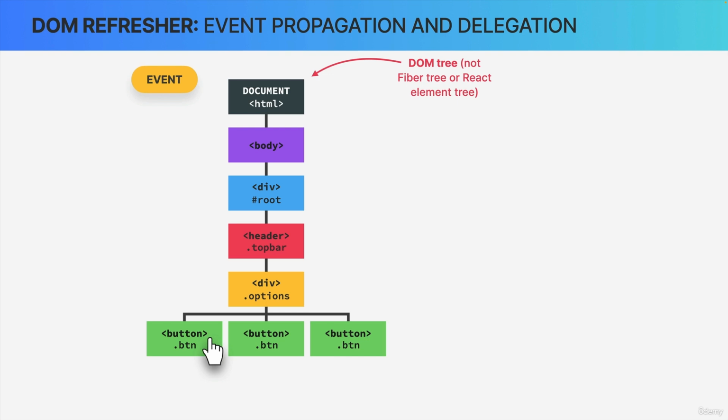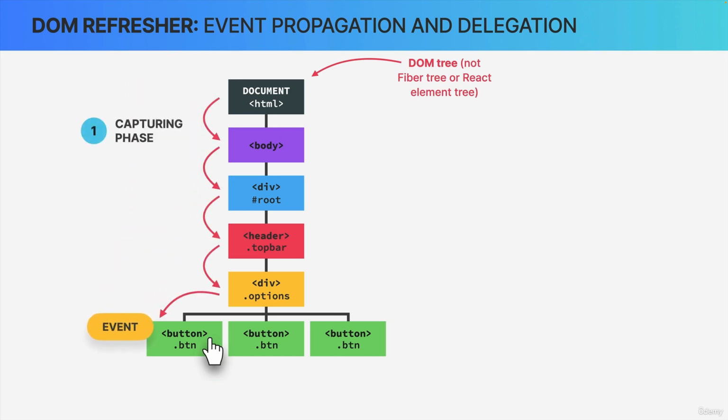Instead, the object will be created at the root of the document, so at the very top of the tree. From there, the event will then travel down the entire tree during the so-called capturing phase, all the way until it reaches the target element. And the target element is simply the element on which the event was actually first triggered.